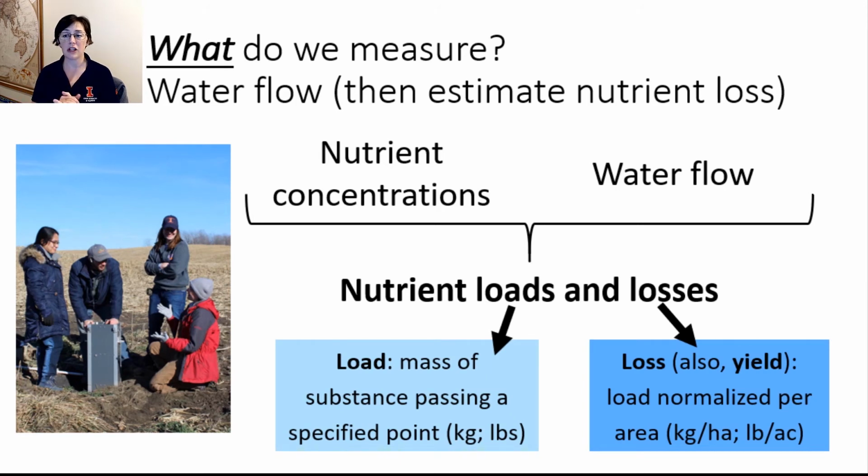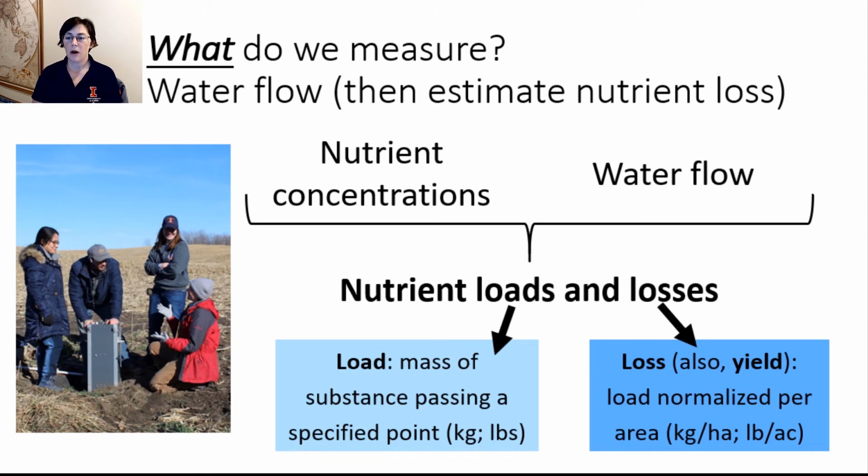A little terminology here. A load is simply a mass, like 400 pounds of nitrogen flowed through that tile, or 200 kilograms of nitrogen flowed through that tile. A load is a mass. A loss is actually a normalized load, normalized by area, like 20 pounds of nitrogen per acre, or 20 kilograms of nitrogen per hectare.